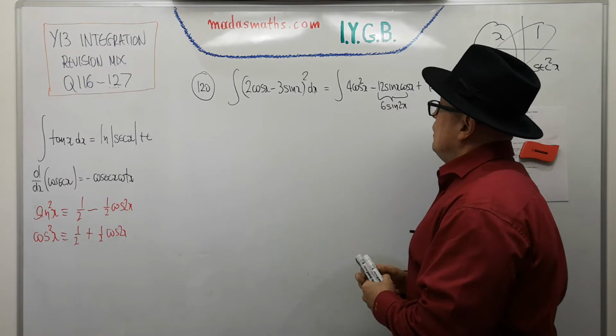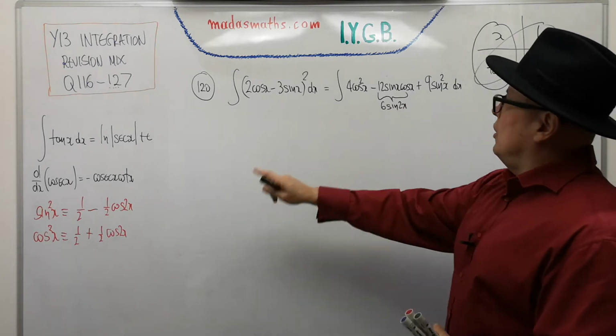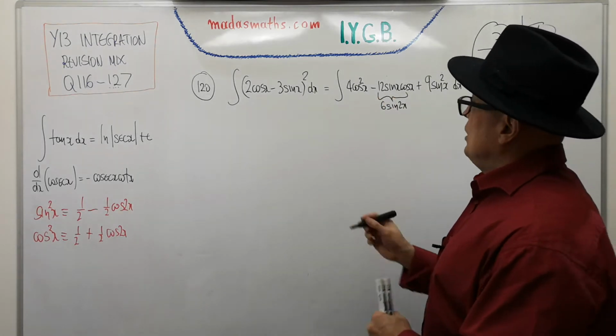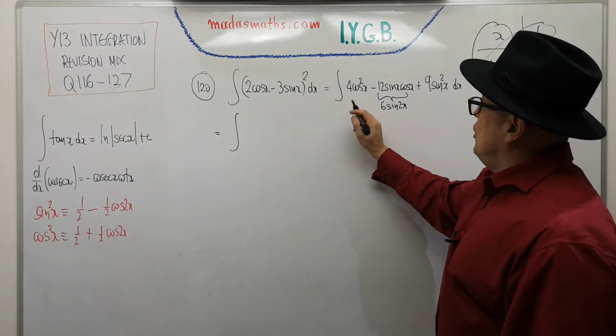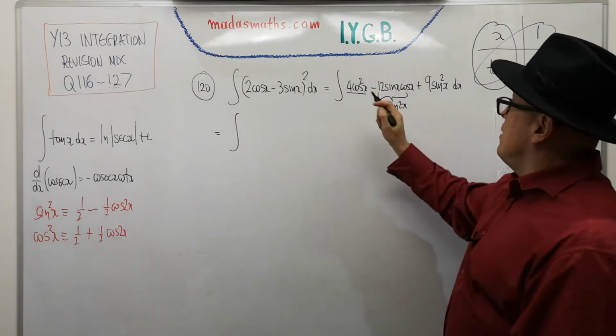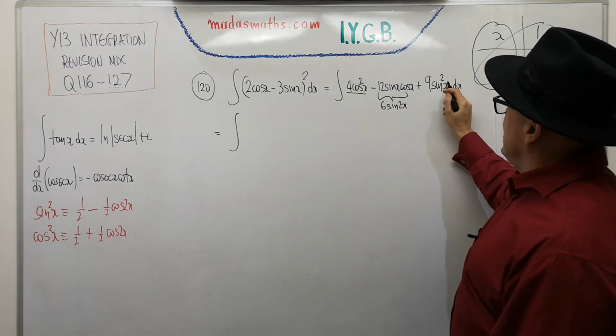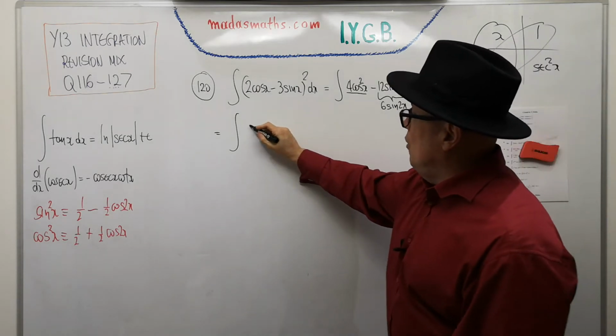So for this particular one, I'm not quite going to replace both of them. I'm going to do an in-between step just to show you. I'm going to take 4 cos squared from there and 4 sine squared from there to make a 4.